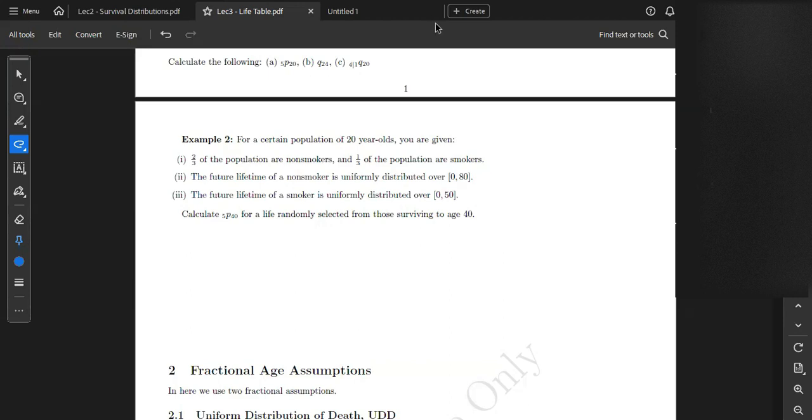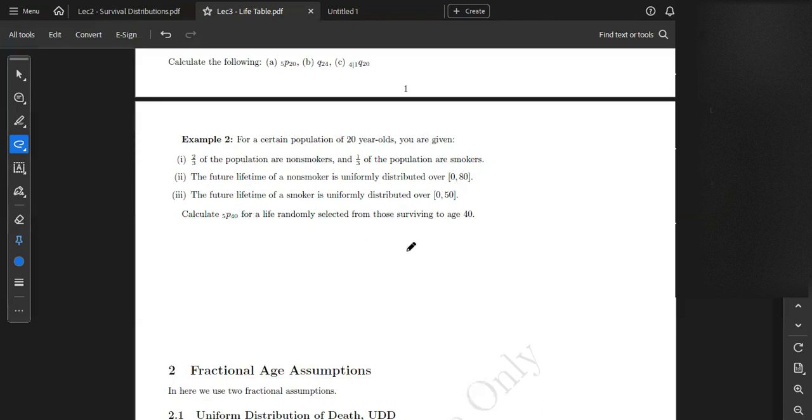And then the future lifetime of a non-smoker is uniformly distributed over 0 to 80, and the future lifetime of a smoker is uniformly distributed over 0 to 50. So these are future lifetimes, not the actual age.